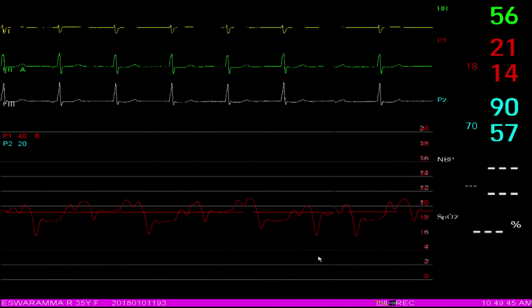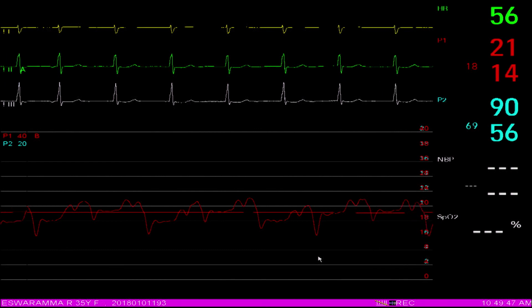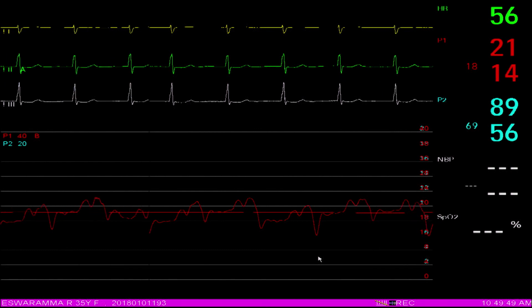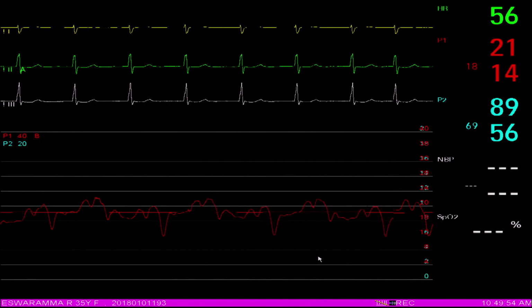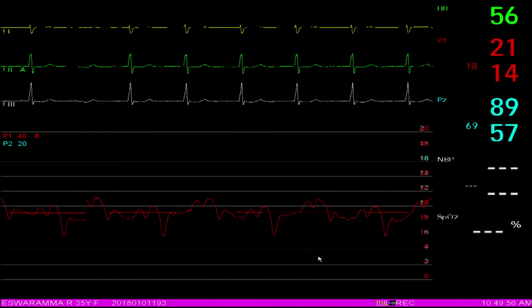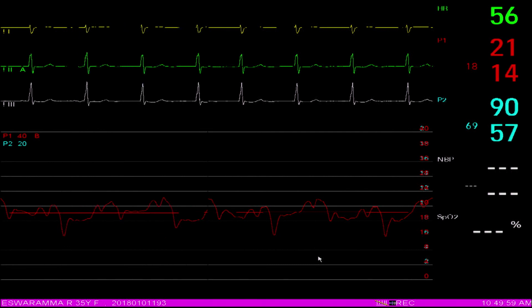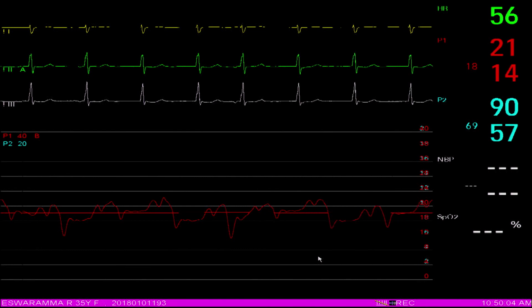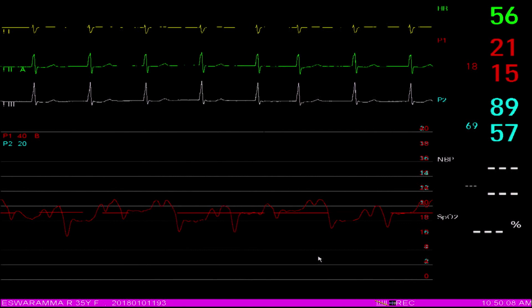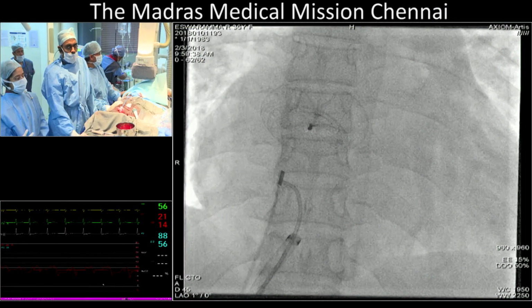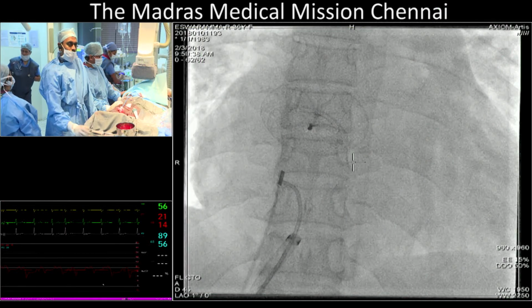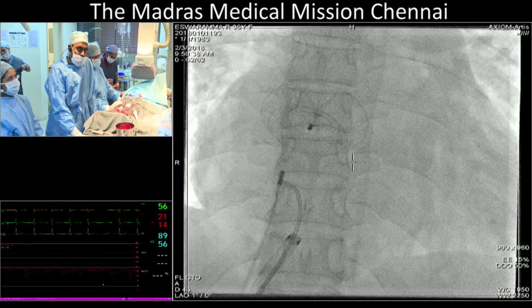You see, Dr. Bharat, still we have not got sinus rhythm. Yes, that is my worry. My next question to you is, since she is going into intermittent atrial fibrillation, is your post-procedural protocol for antiplatelets or anticoagulation going to be anything different than normal? Actually, I give dual antiplatelets for all fenestrated ASD devices. We have done 5 of them so far, and all of them we maintain on aspirin plus Plavix, and we are not stopping them at the end of 1 year.